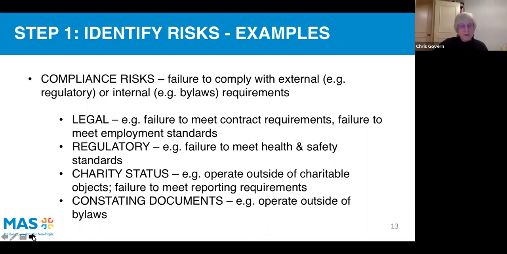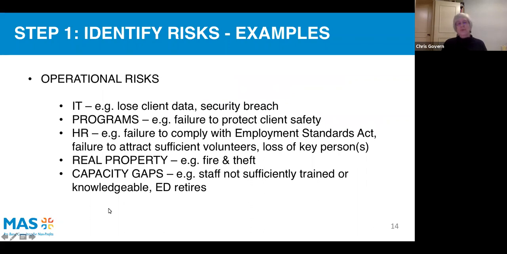If we look at some examples, these are big buckets of operational risks. You would all have some risks around, for instance, IT. You could have a security breach. Now, the consequence of that would be very different depending on the type of organization you are, depending on the kinds of activities you undertake.